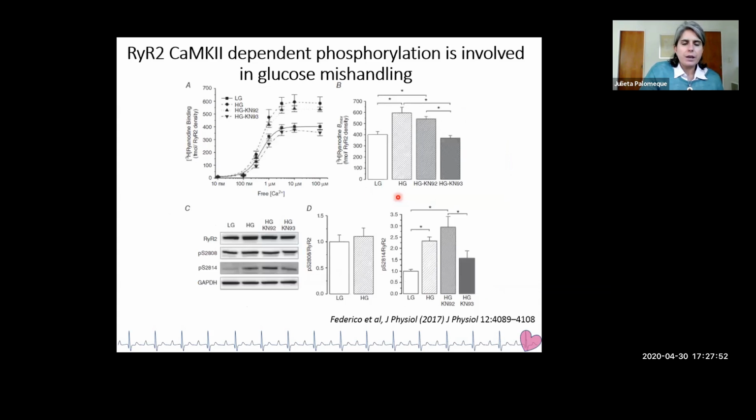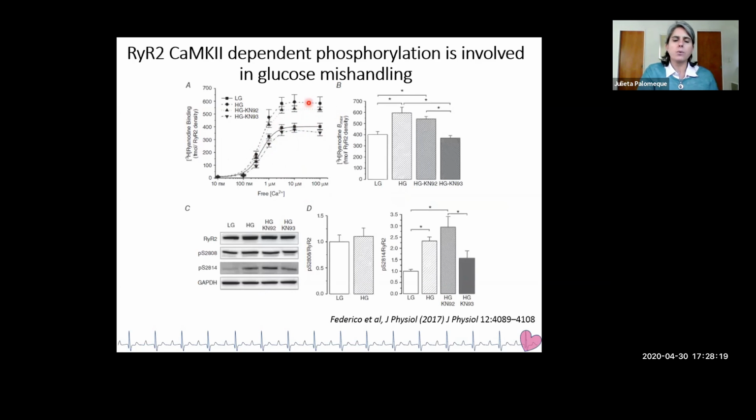So, emphasizing the role of ryanodine receptors, we performed some experiments in a cell model in HEK cells expressing wild-type ryanodine receptor, and we cultured the cells under high glucose conditions or low glucose conditions.